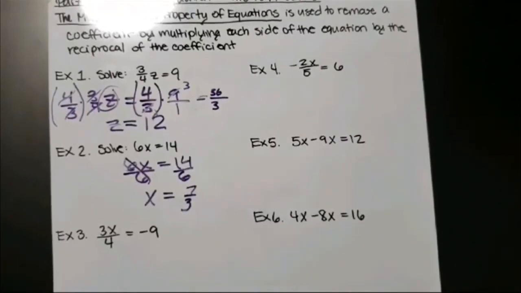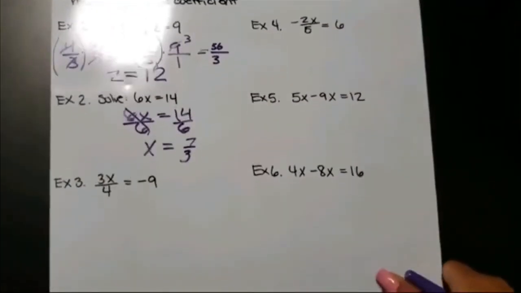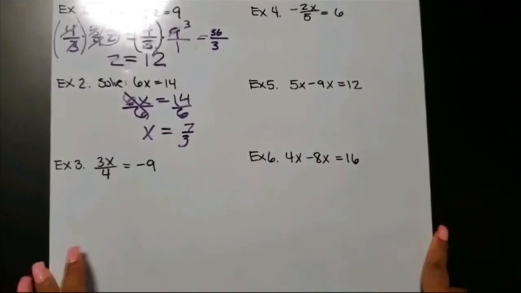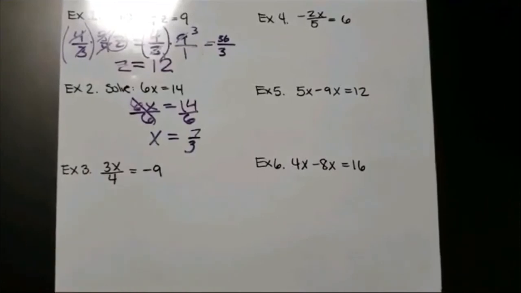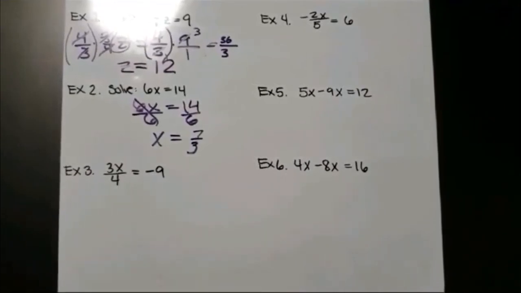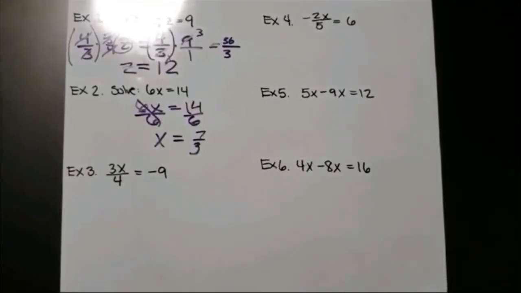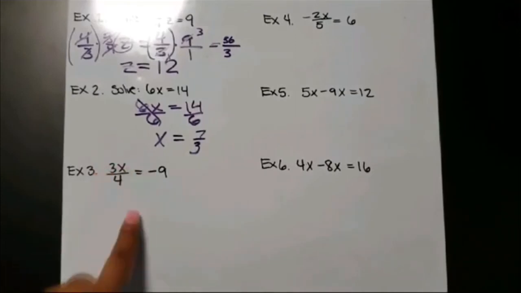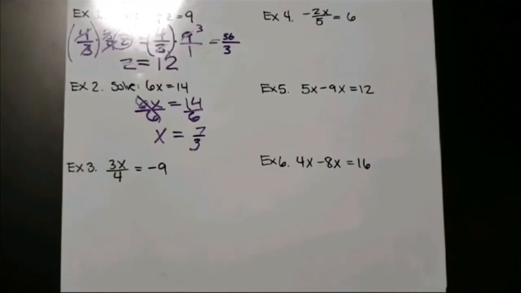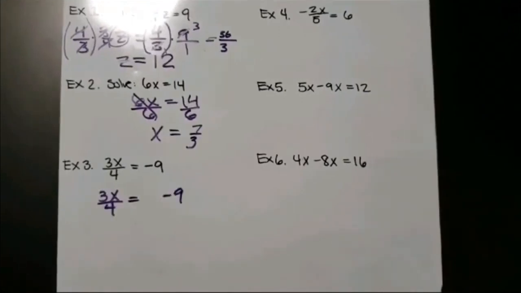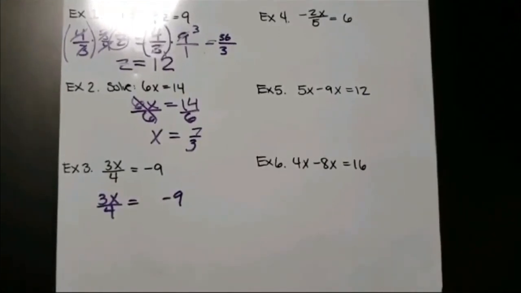All right. So now let's look at example 3. We have 3x over 4 equals -9. So here we have a fraction, so that means we're going to be multiplying by a fraction. What fraction are we multiplying by?